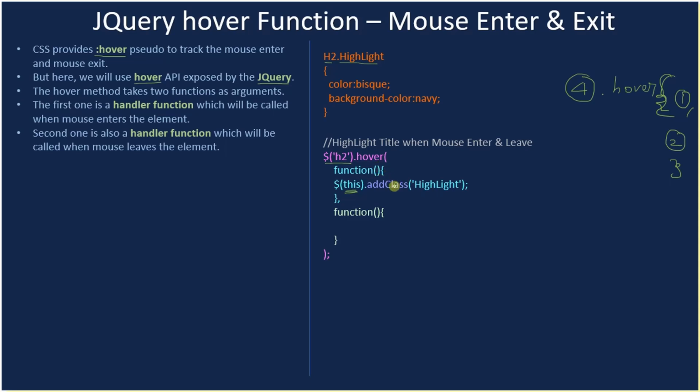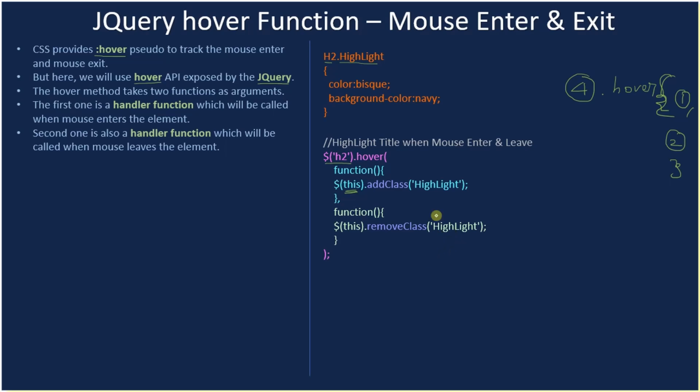So when the mouse enters on the heading, this highlight will be achieved. That means we are setting the background color, and to match that background color, we set a corresponding foreground as well. And when the mouse leaves, as you guessed, we are making a call to removeClass, right? We are removing the highlight.